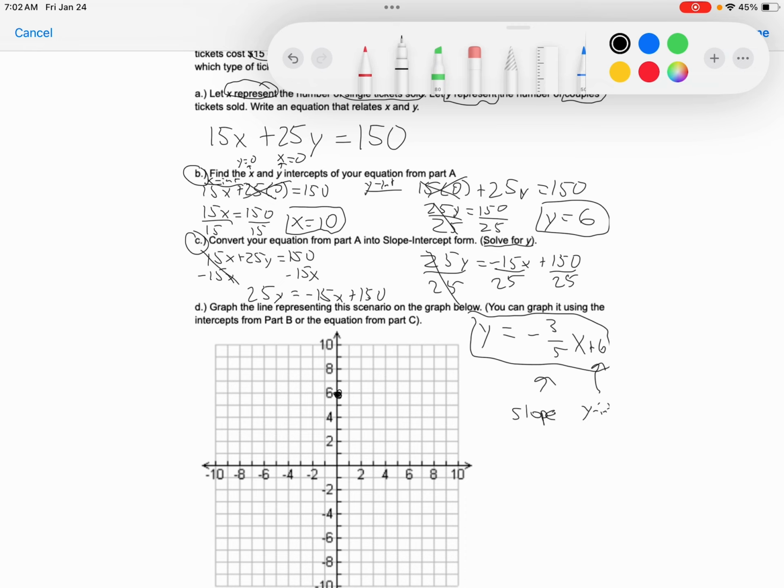A negative 3/5 means I'm going down 1, 2, 3, and right 1, 2, 3, 4, 5 to this point here. And with that point, I would draw the line that goes through those points. So either method is fine. They'll both get you the same line, but just pick whichever one you like best and graph that line. And that is all we need to do for the backside.